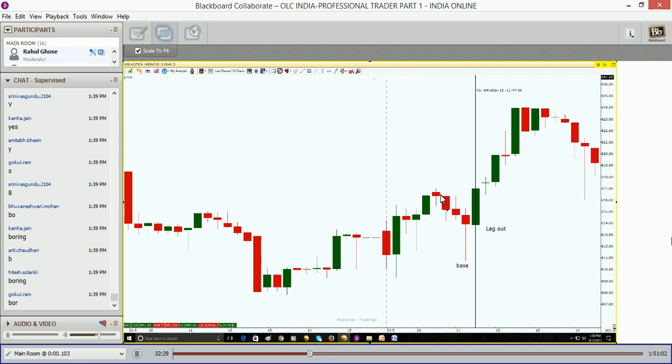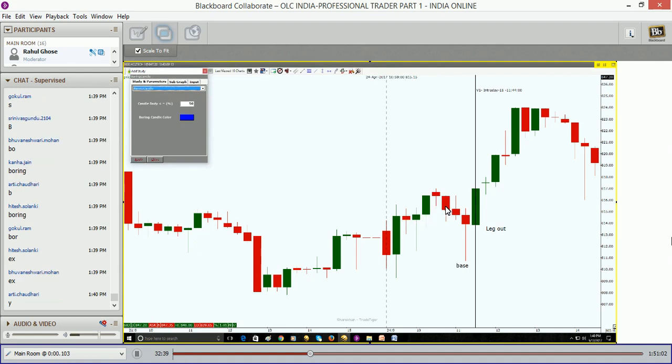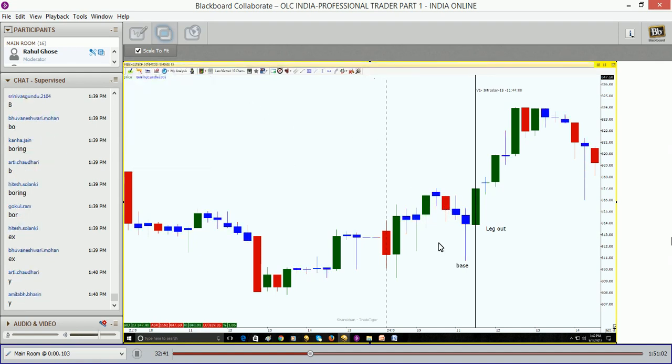This red candle, would you all agree, can be a little dicey, can be boring or exciting? But because my blue boring candle tool was on, you know it is an exciting candle, which means I mark this as my leg in.